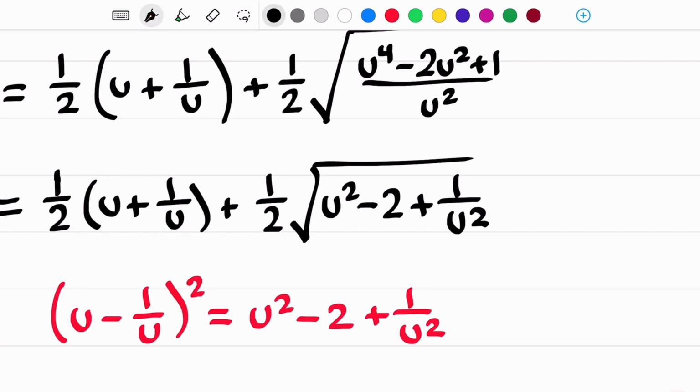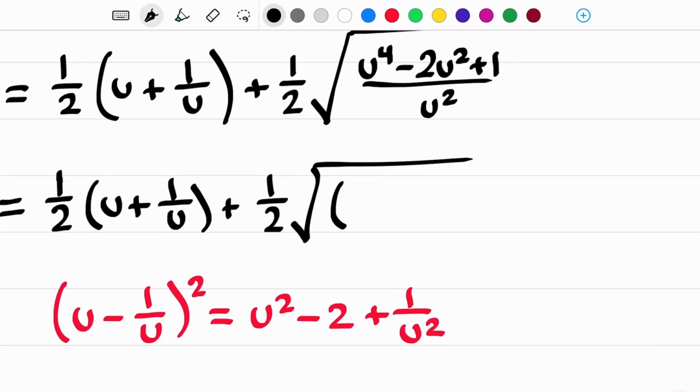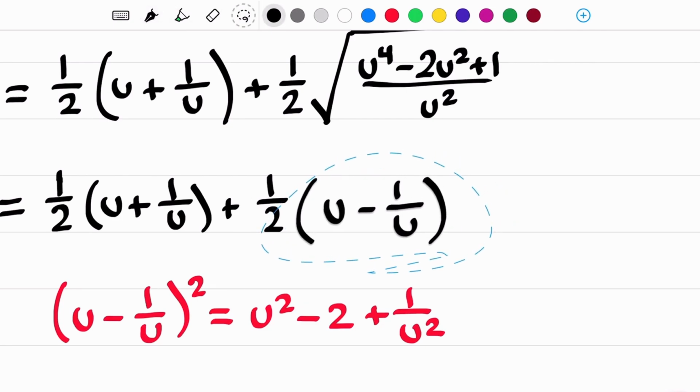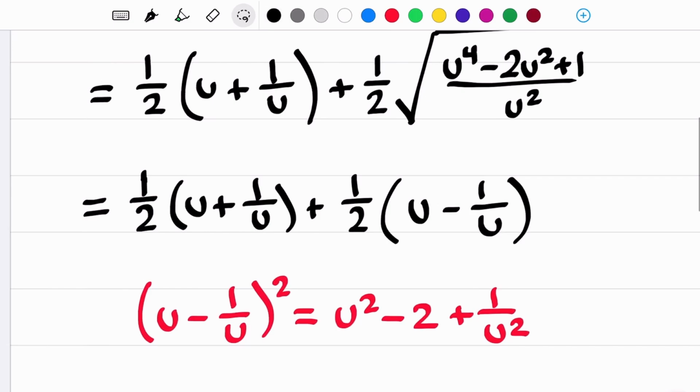So this entire thing underneath the square root is actually equal to u minus 1 over u, squared. Now if we have the square root of a square, obviously that's just going to get us what's inside. And so we're left with this term here. And now that is a lot nicer of something to deal with.